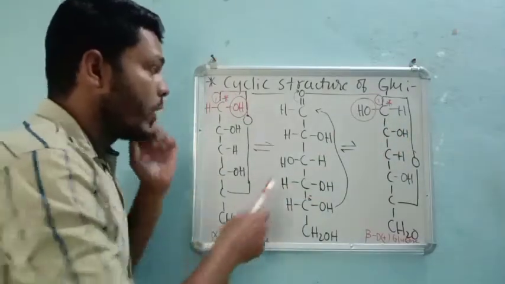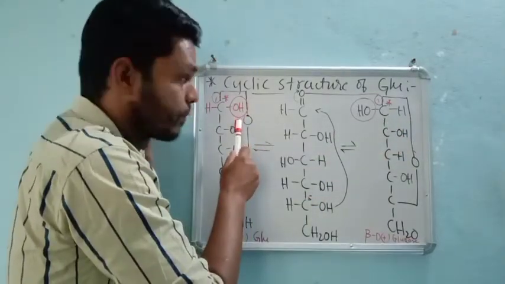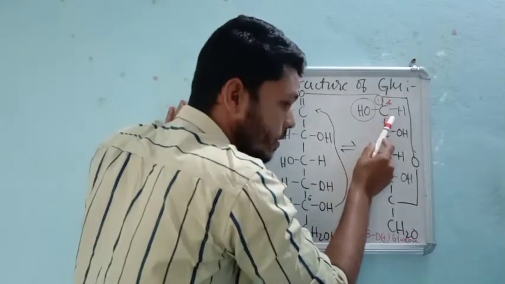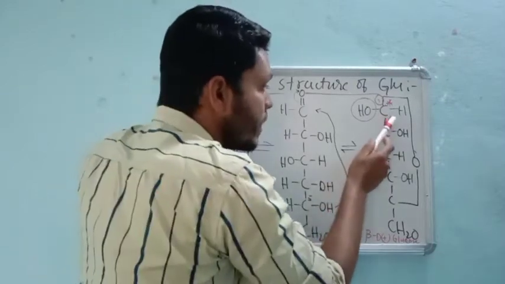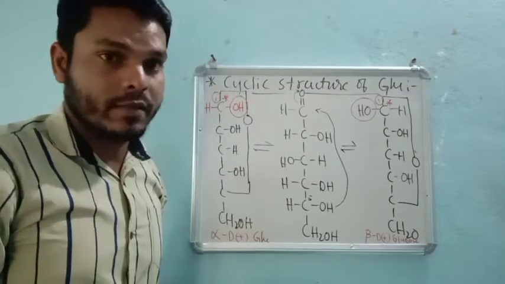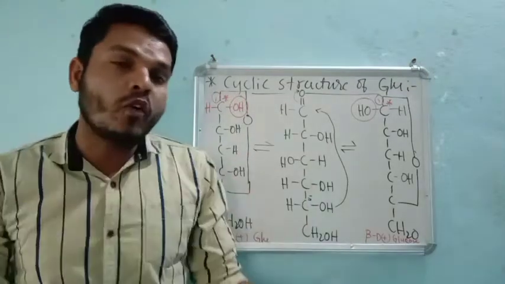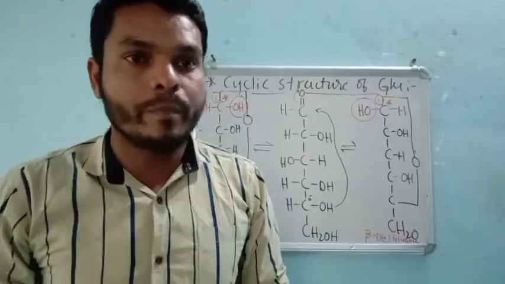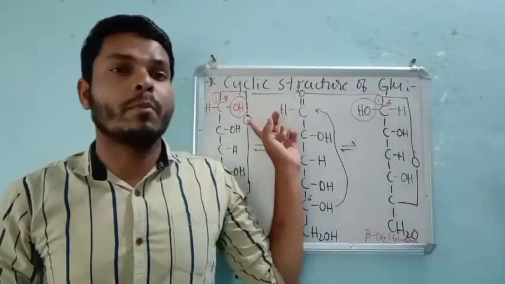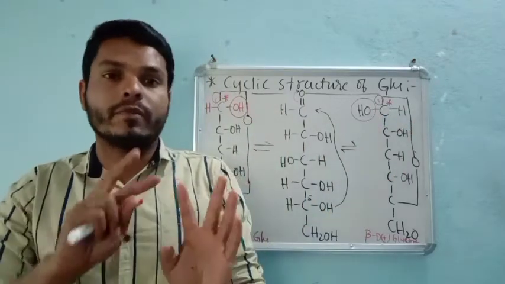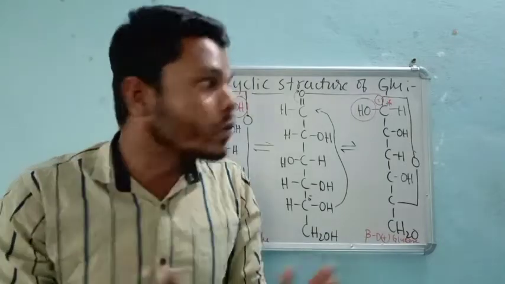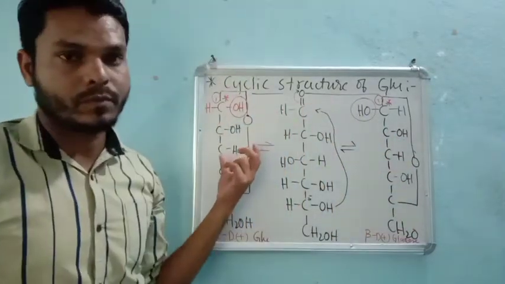Here, OH is present at the right hand side, right? In the same compound, if I consider this as C1, it is actually C1 only, and the OH is present at the left hand side. If there are two forms of a single molecule, and with respect to a particular carbon atom they differ in their configuration, then those are called anomers, right?